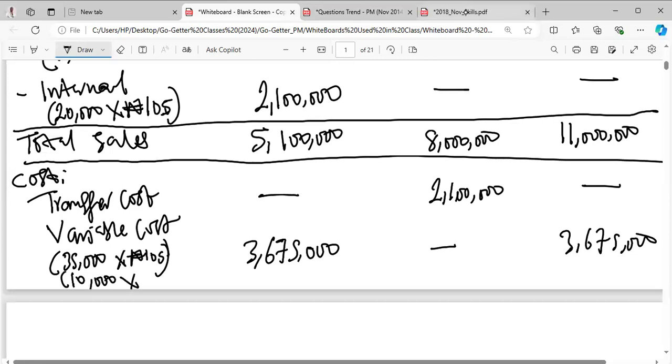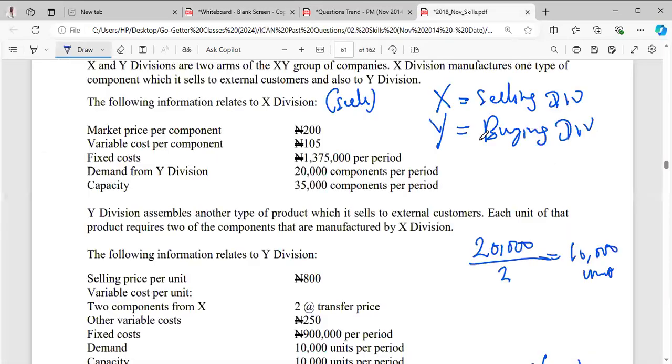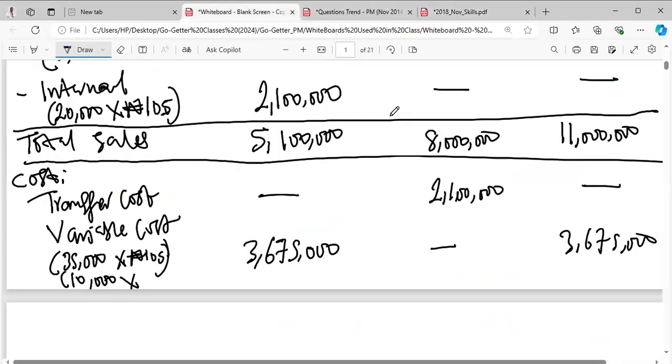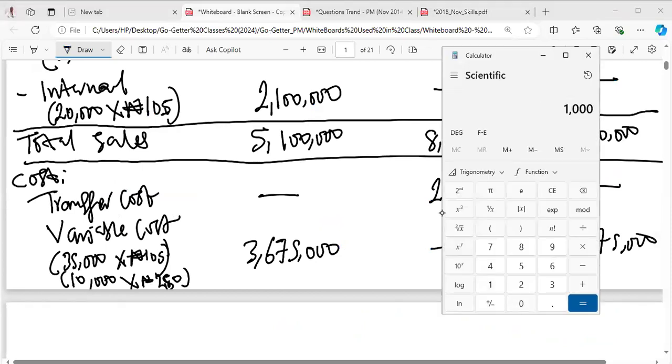Then we do the second one, the 10,000 units it produces, the variable cost to it is 250 naira. So 10,000 times 250 naira, how much would that be? 10,000 times 250 will give us 2,500.